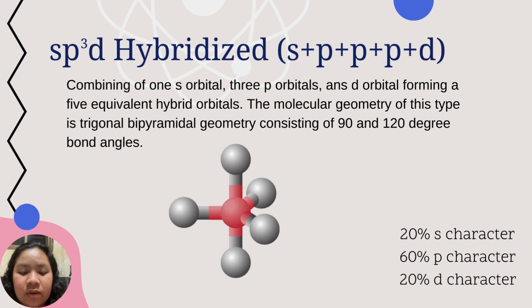This hybridization occurs in molecules where a central atom is bonded to five other atoms or lone pairs. One example of a compound exhibiting sp3d hybridization is phosphorus pentachloride. This type has s, p, and d character of 20%, 60%, and 20% respectively.